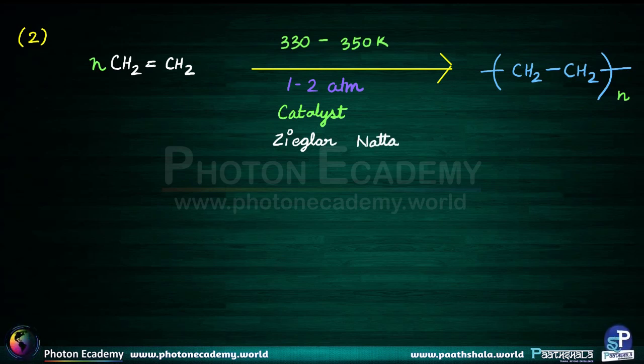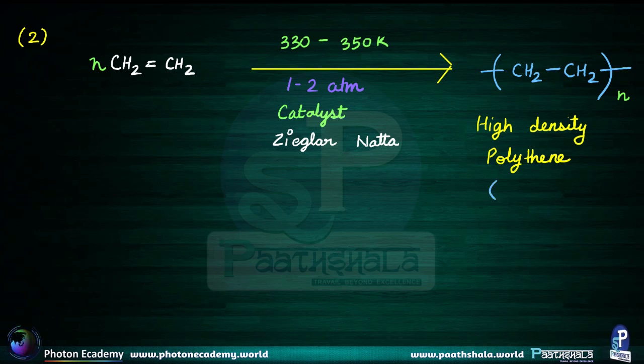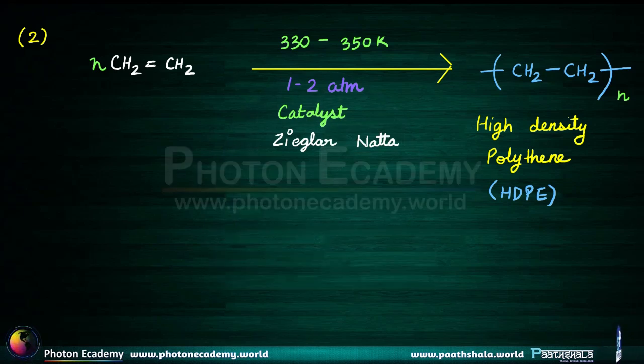Now here the polymer which we are obtaining is called high density polythene. This high density polythene is referred to as HDPE. And as you can see, the temperature here is very low when compared to the previous case.